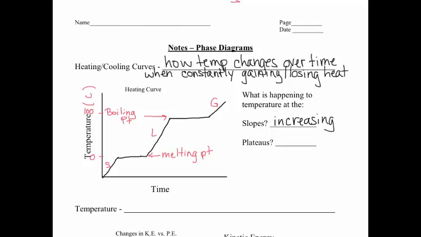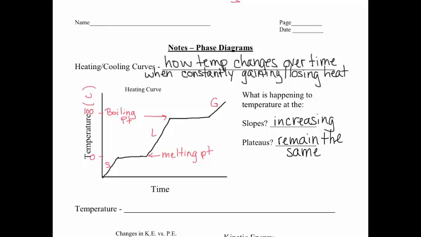Where at the plateaus, and we're talking about these flat sections here, the temperature is going to remain the same. And that's not because we stopped giving it heat. It's going to be constantly gaining heat. Why it's remaining the same is because it's using that heat energy to actually convert to a new phase.